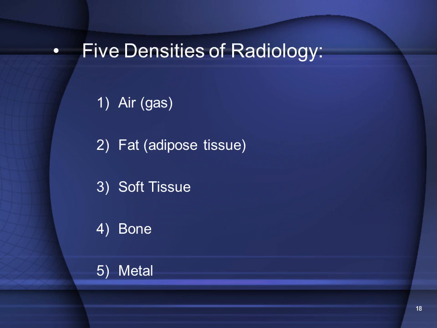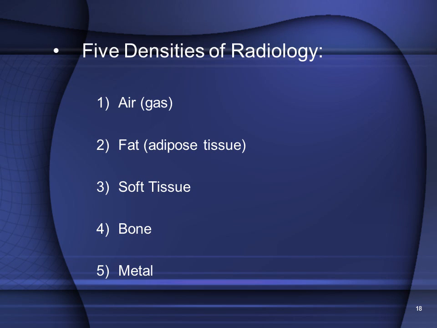The 5 radiographic densities going from most radiolucent or less dense to most radioopaque are air or gas, fat or adipose tissue, soft tissues such as skin and muscle, dense tissues such as bone, a specialized connective tissue, and metal objects.